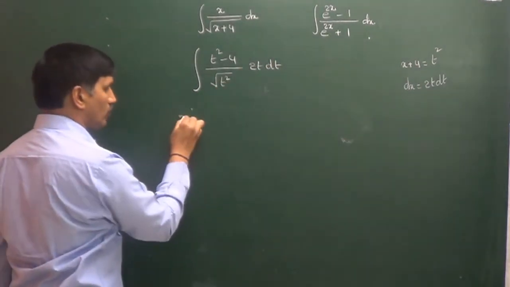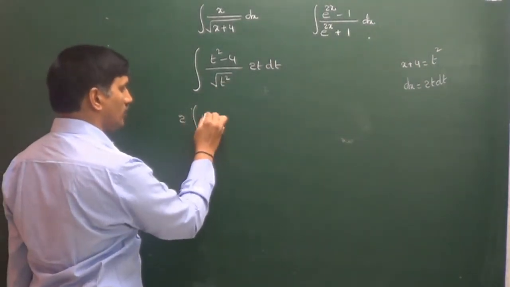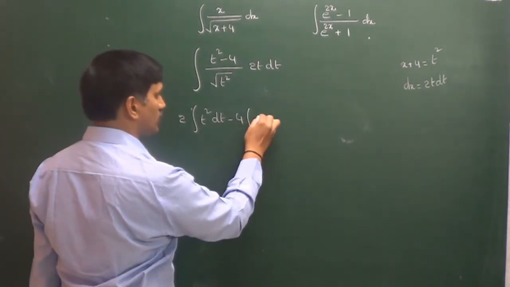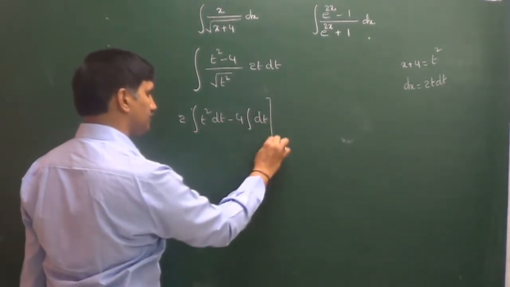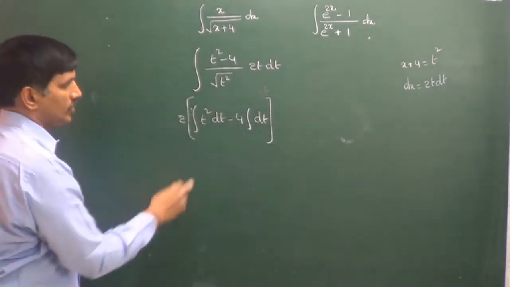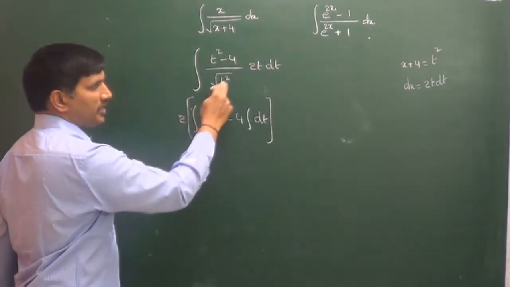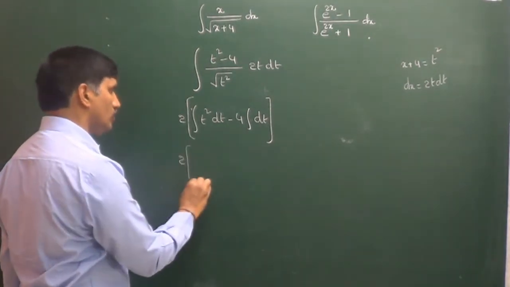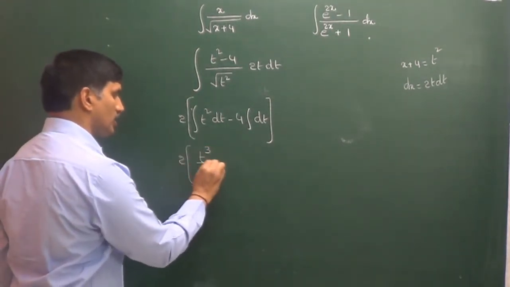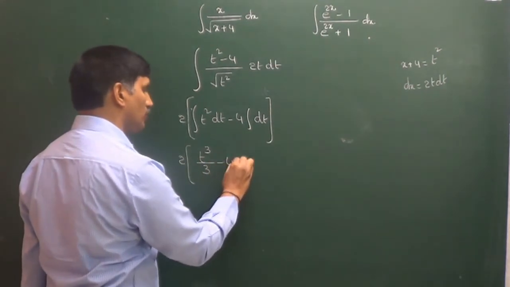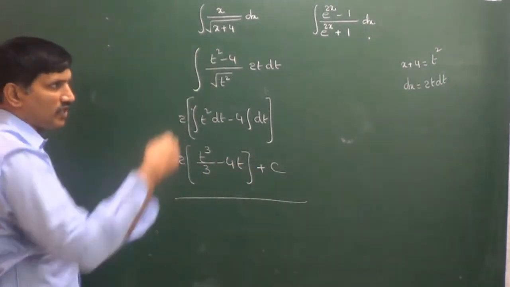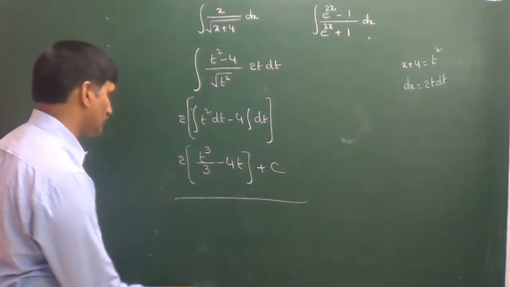Now the problem is over. 2 into integration of t square dt minus 4 into integration of dt, because root of t square is t, dt cancelled, 2 written outside. This equals 2 into t cube by 3 minus 4 into t plus the constant of integration. In place of t we write root of x plus 4.